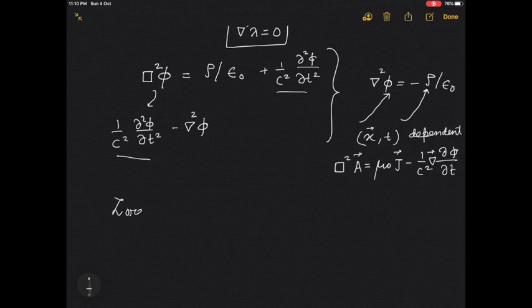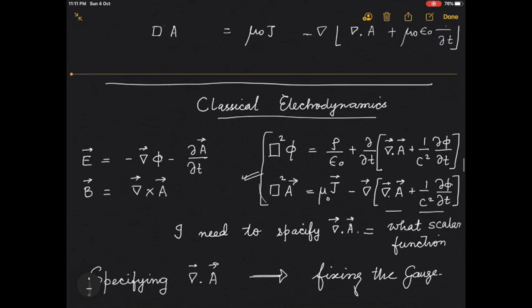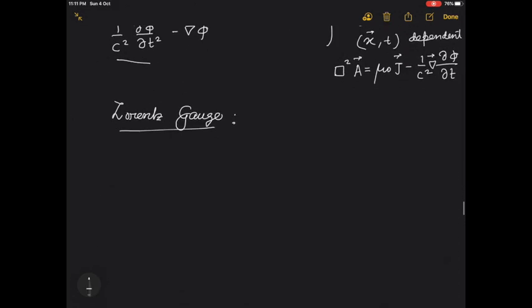The other choice is called Lorentz gauge. Here, it's very illuminating. If I look at these equations in this form here, what you do is you choose this form to be 0. That's the choice of the gauge. Divergence of A you choose to be minus 1 by c square del phi del t.